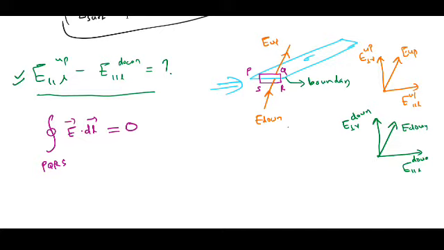If we calculate this closed path line integral E dot dl, we have first the path PQ.